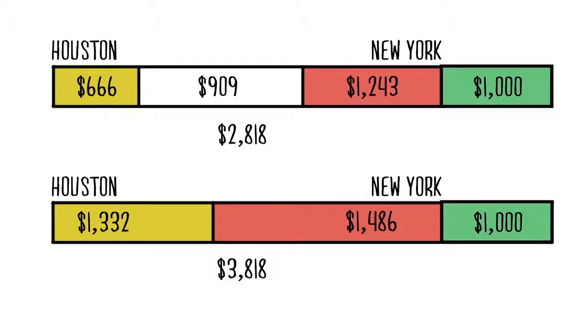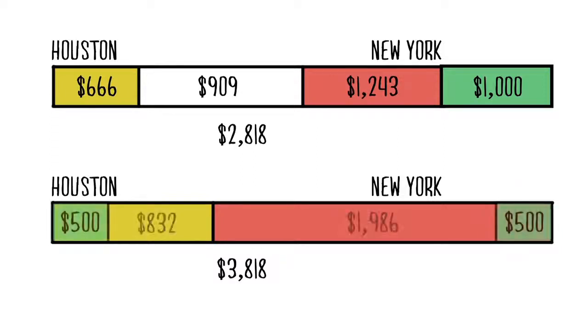I think each of these arguments is equally reasonable and equally unreasonable. The sensible solution is to meet halfway. That is, both parties end up saving $500. Why is this the case? The reason is that each of the two parties is equally powerful. If Houston says to New York, you know, that Monday doesn't really work for me, I need to move the meeting to Thursday, well, the $1,000 disappears.